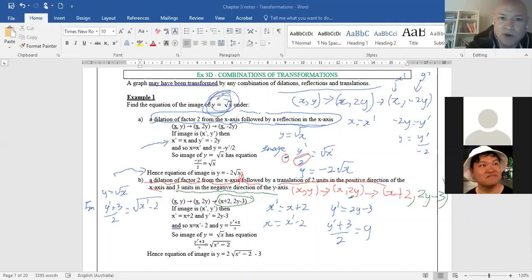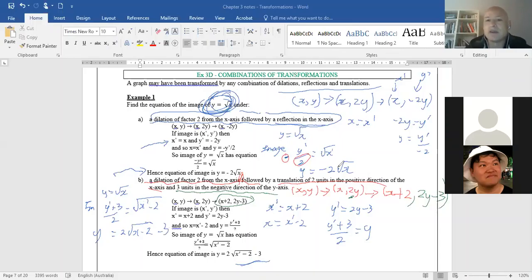We always make y the subject because the original equation was with y the subject. I'm going to get rid of the dashes at the same time. So I'm going to times by the 2 and then subtract 3. So this will equal 2 the square root of x minus 2. I've timesed it by 2, and now I'm going to subtract 3, and that's my y equals, and that's how I get my final answer. Any questions on that one?